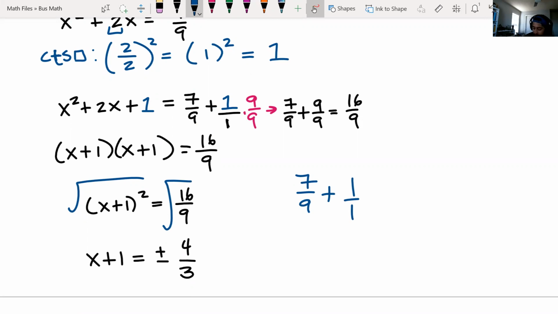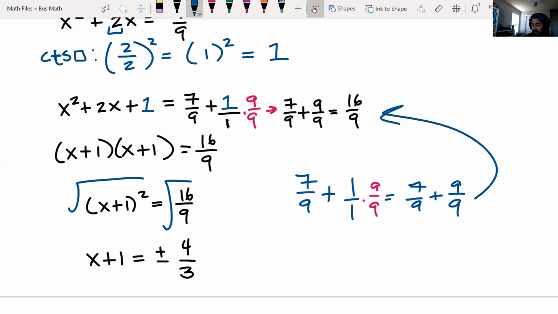Exactly. And then for that 9/9, again, you need to do 7/9 plus 1, but you have to change 1 into a fraction and get a common denominator of 9. And that would give you 7/9 plus 9/9, which would give you the 16/9.